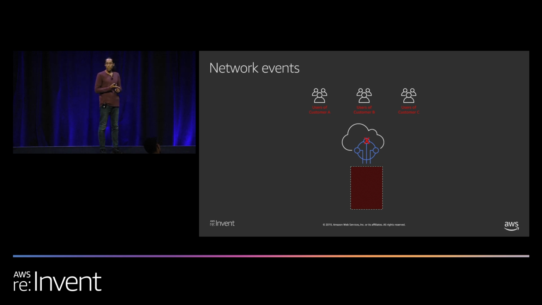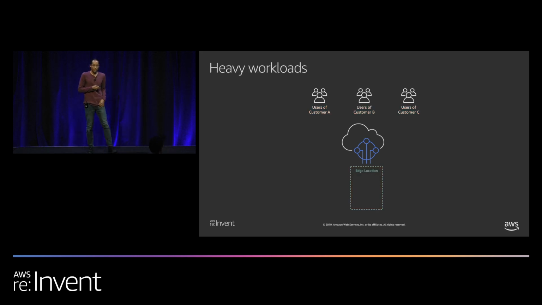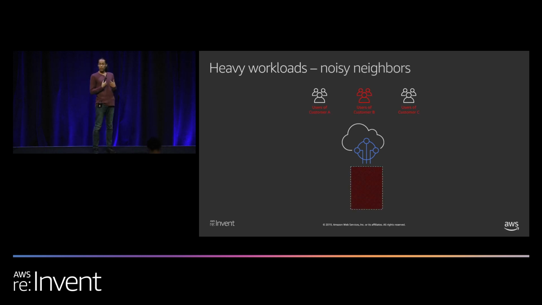That could be a misconfiguration, it could be a power event, or what have you. What other kinds of problems can occur? There are also heavy workloads. Workloads from our own customers can be so heavy that they may disrupt the service that other customers experience through our service, meaning a single customer being a noisy neighbor can cause disruption across the board.